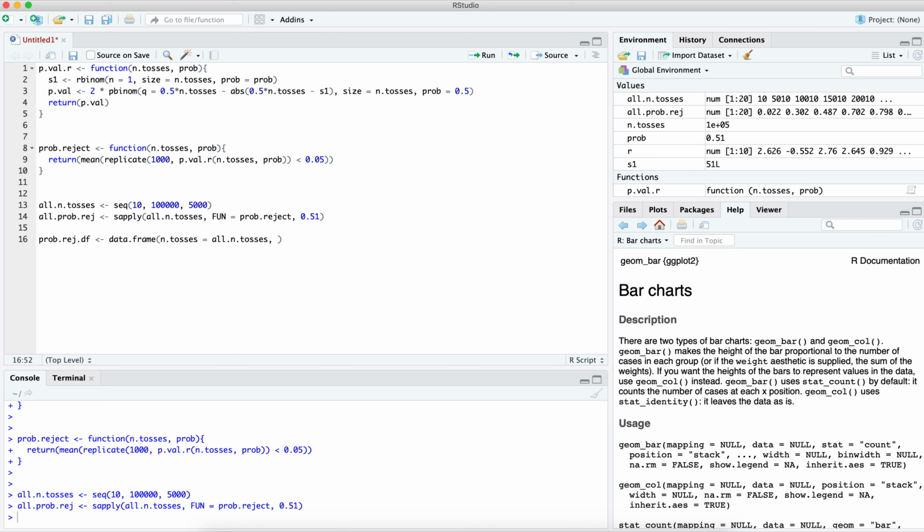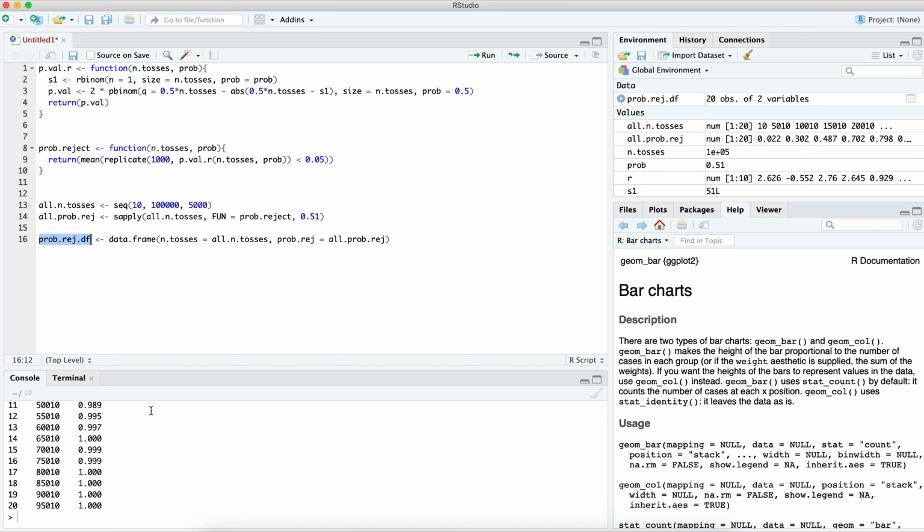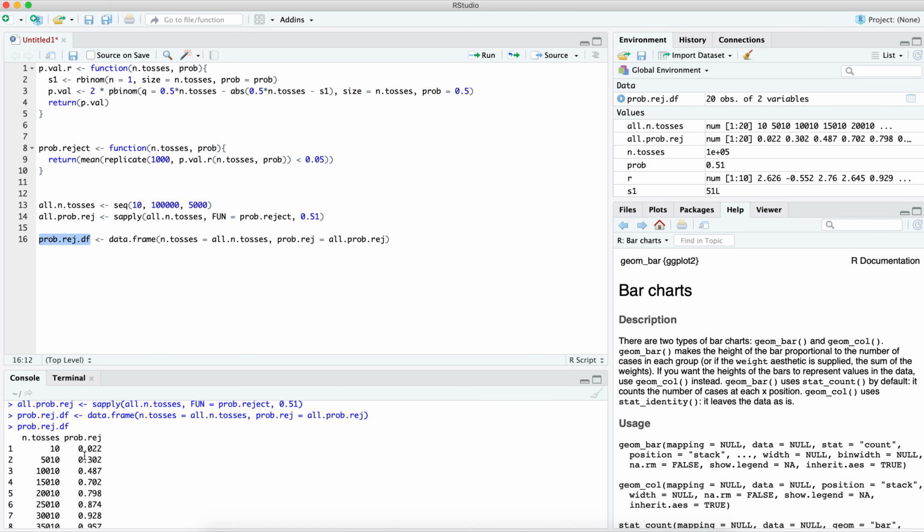And I'll call this one prob reject, and this is going to be all prob reject. So let me run this and see what it looks like. So here I get n tosses, and here I get the probability of rejection, right?